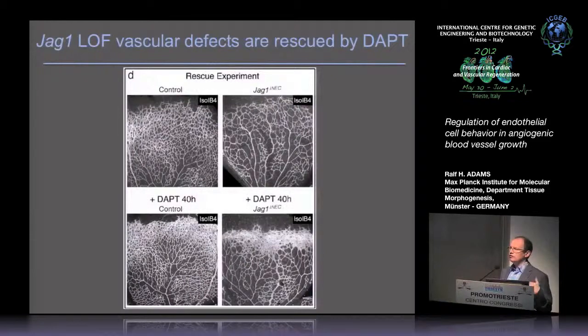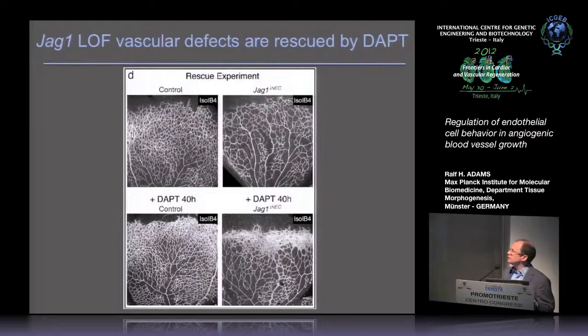So what happens now in these Jagged loss of function mutants when you block Notch signaling? So we would release this blocked angiogenesis, and we would expect sprouting, and that's indeed the case. So here you have again a control retina and a Jagged loss of function retina, and you can appreciate the differences in vascularization.